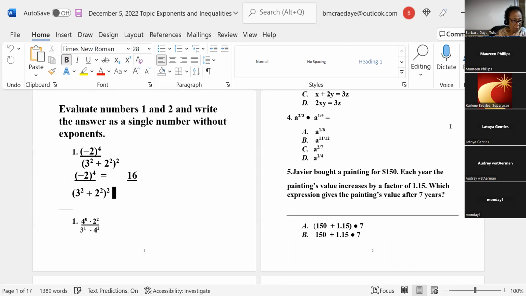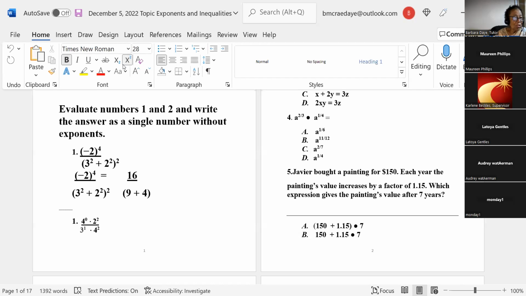Yes, 3 times 3 is 9. Okay, so this is 9, because you said 18. And what's 2 times 2? That's 4. Okay. And then you add them together.